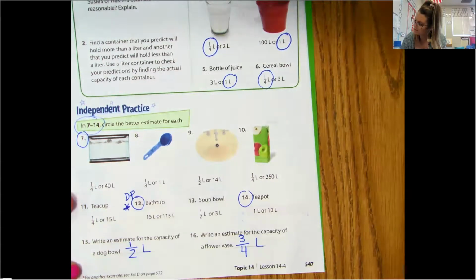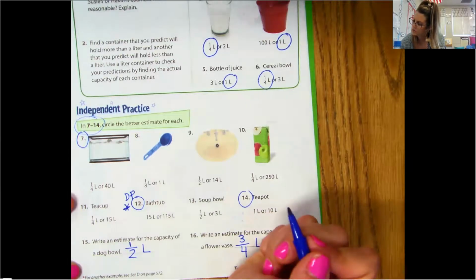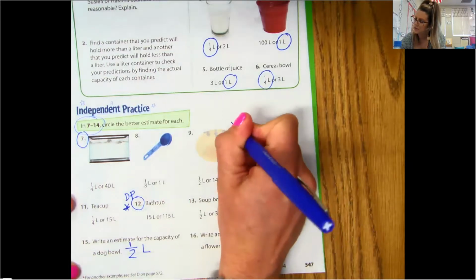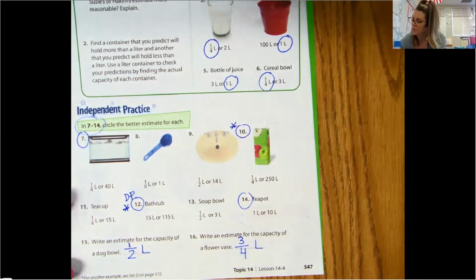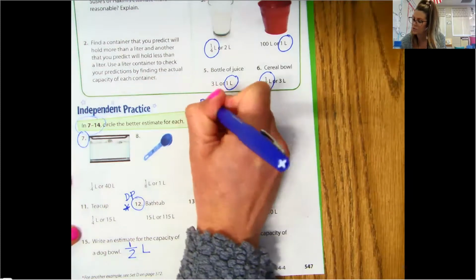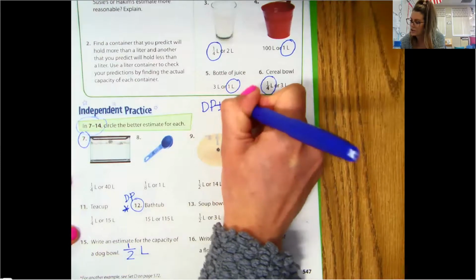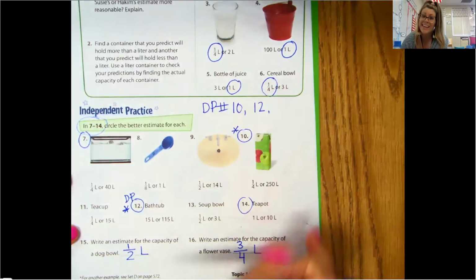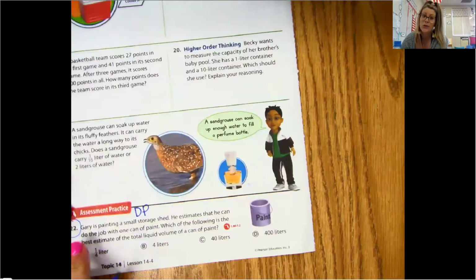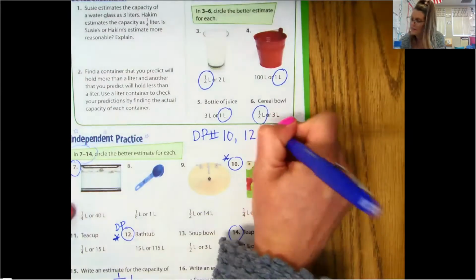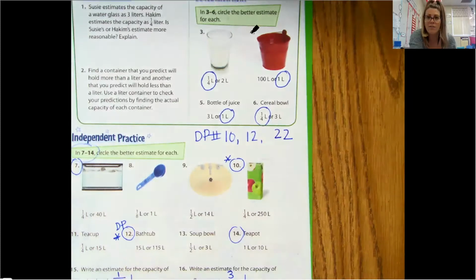And how about the juice box? Okay, so your discussion posts, and remember it's going to be on Schoology, are numbers 10, 12, and 22. Okay, guys?